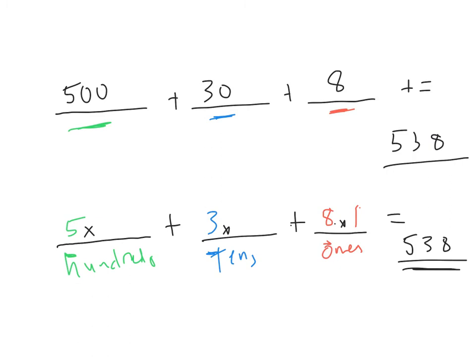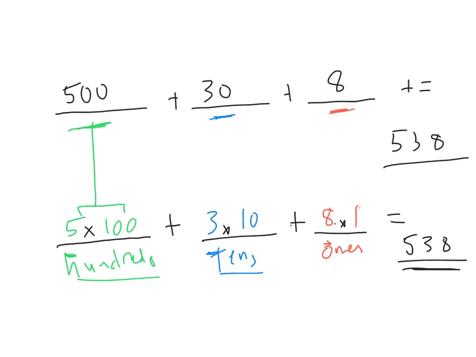Okay, welcome back. You should have 3 times 10 and 5 times 100, right? The 3 is in the tens place. The 5 is in the hundreds place. So we're multiplying 5 times 100, 3 times 10, and 8 times 1. If you're feeling skeptical, 5 times 100 is the same thing as 500. We're just taking that from the place value, or from the original expanded form.